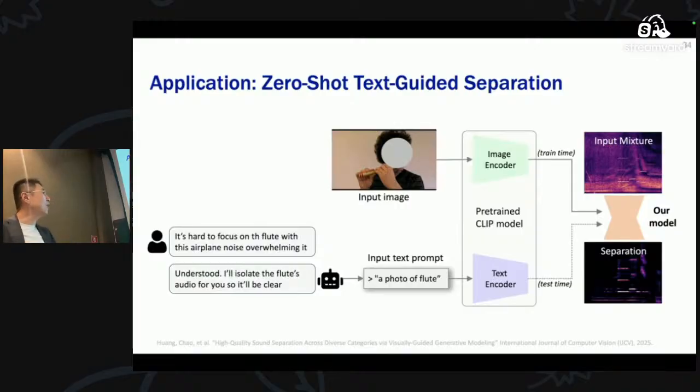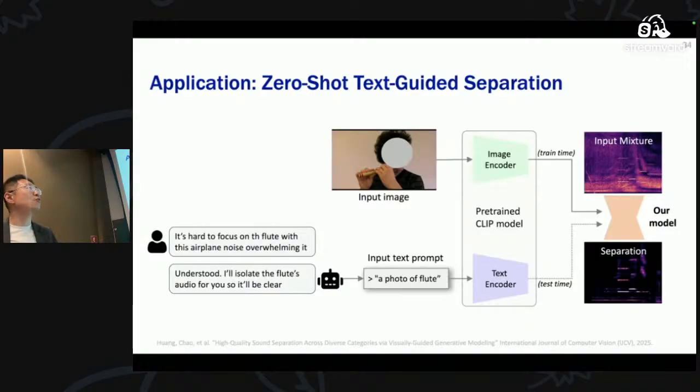So now we say, okay, why don't we just use a text prompt to do that? We can feature that in a chat, where people can interact with our system by just chatting with it. I want a fruit sound separated from this sound mixture. Now we can extract this as a text prompt, and through the CLIP model, which establishes a connection between image and text, we can use this encoding information as a condition for the sound separation.